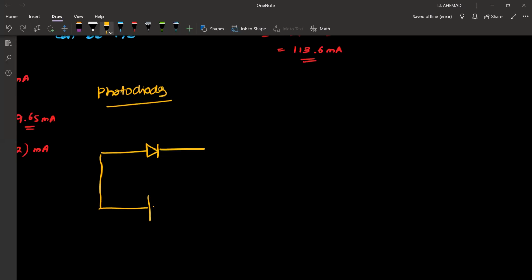They absorb light and convert it into electricity. So this will be the symbol for a photodiode.